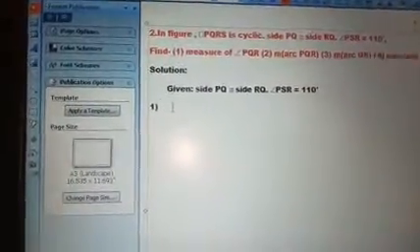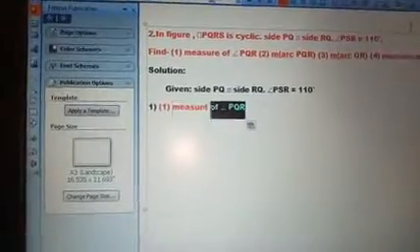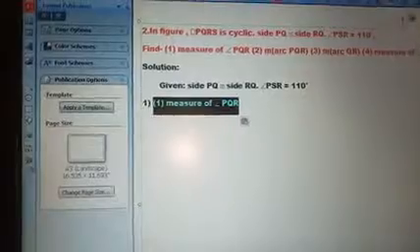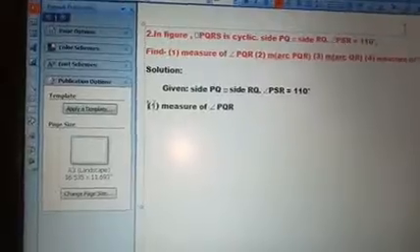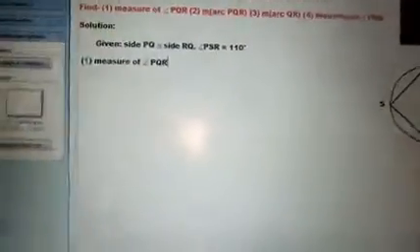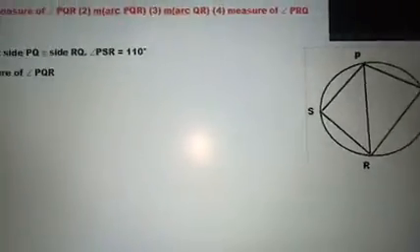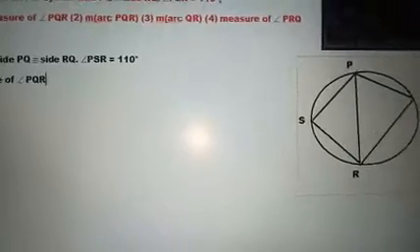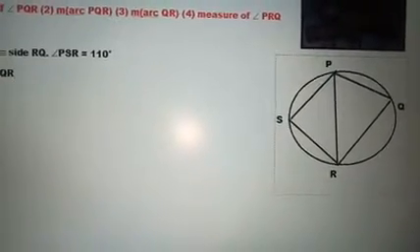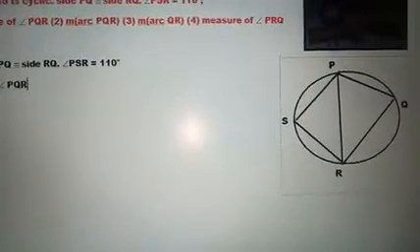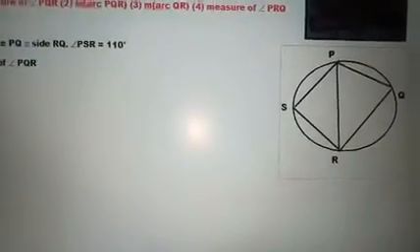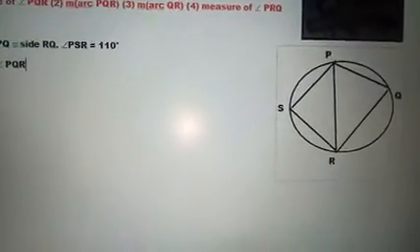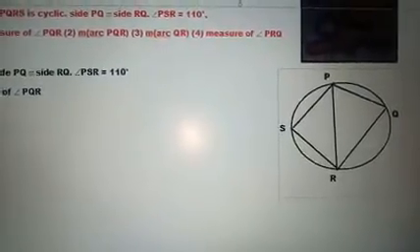Measure of angle PQR. In the diagram you should see PQR, but you are given angle PSR, how much? 110 degrees. So PSR and PQR are both opposite angles, and we know very well that in a cyclic quadrilateral the sum of opposite angles is supplementary. So angle PSR and angle PQR, both sum is 180 degrees.